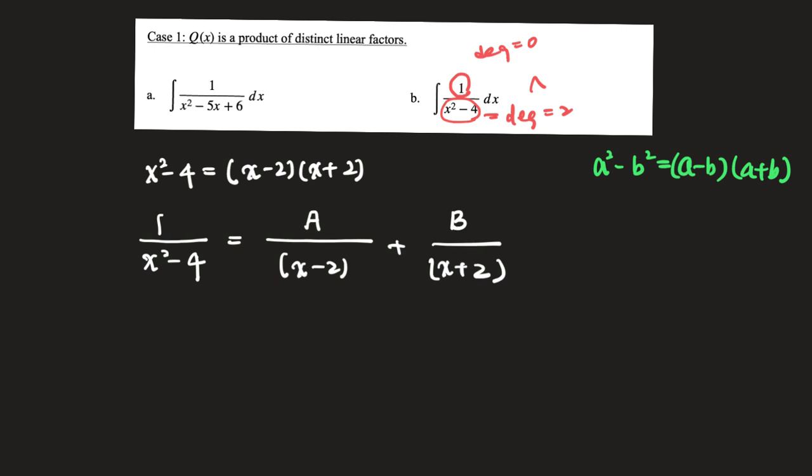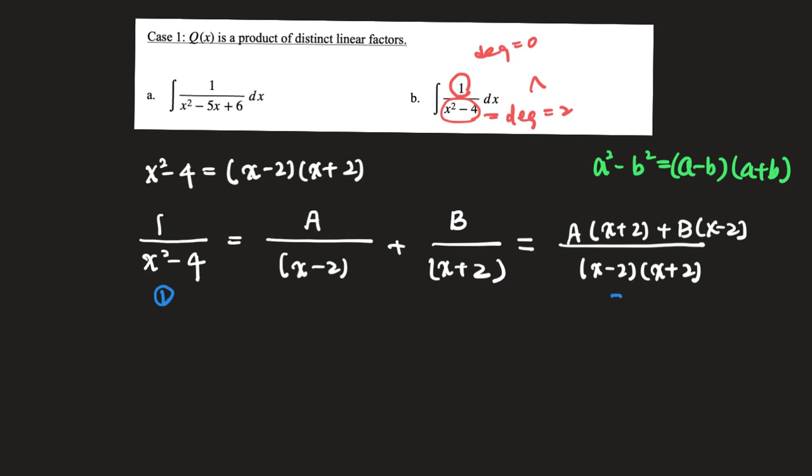Let's find A and B. How are we going to find them? Put the denominators together. The numerator is going to be A(x plus 2) plus B(x minus 2). Like before, the two equations should be the same, so with the same denominator, 1 equals A(x plus 2) plus B(x minus 2).